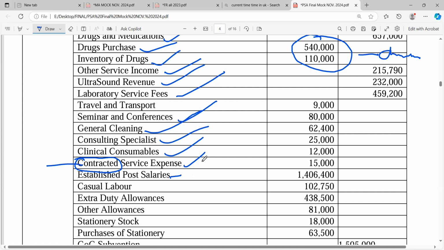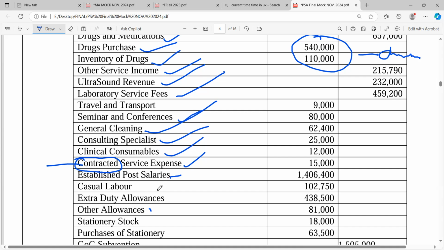Casual labor, employment. Extra duty allowance. So all allowances are employment too?